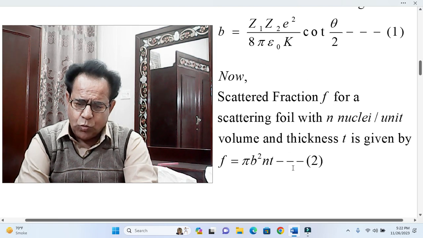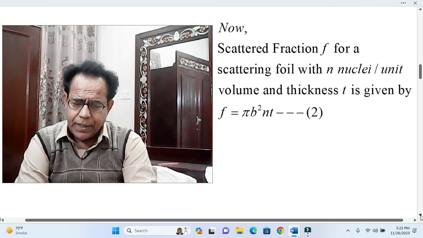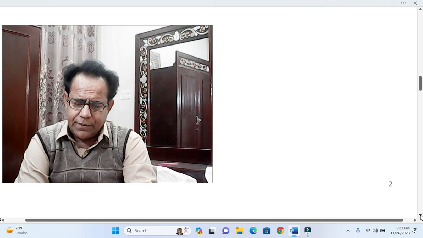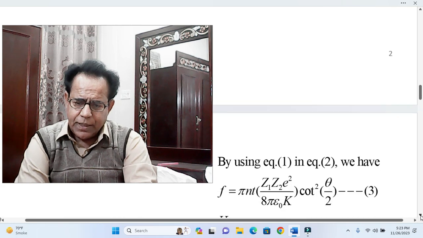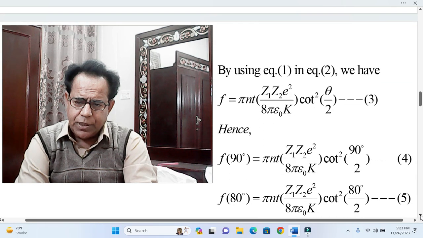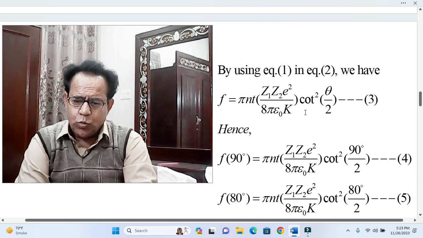will be put in equation number 2, and let us see what we get. We have f equal to pi n t into (Z1 Z2 e squared over 8 pi epsilon naught K) into cot squared theta by 2.